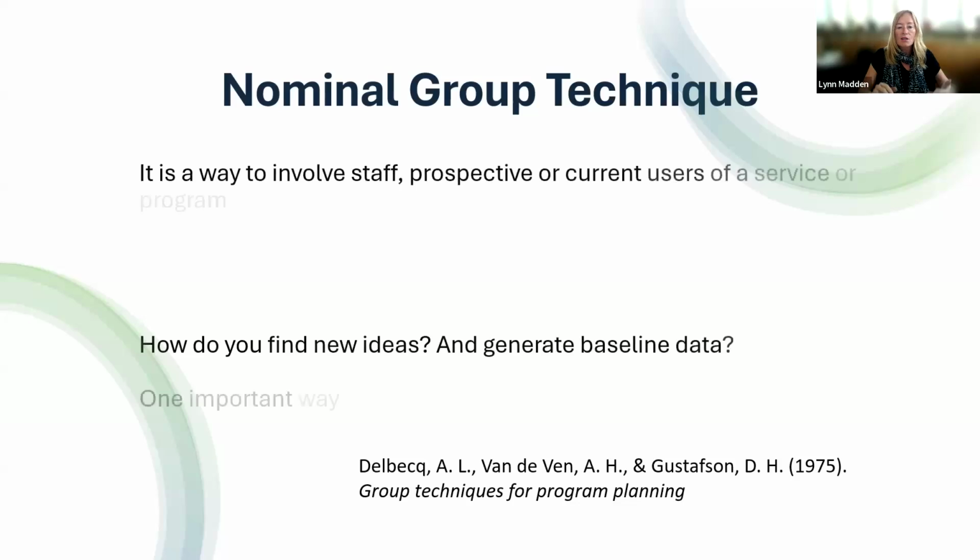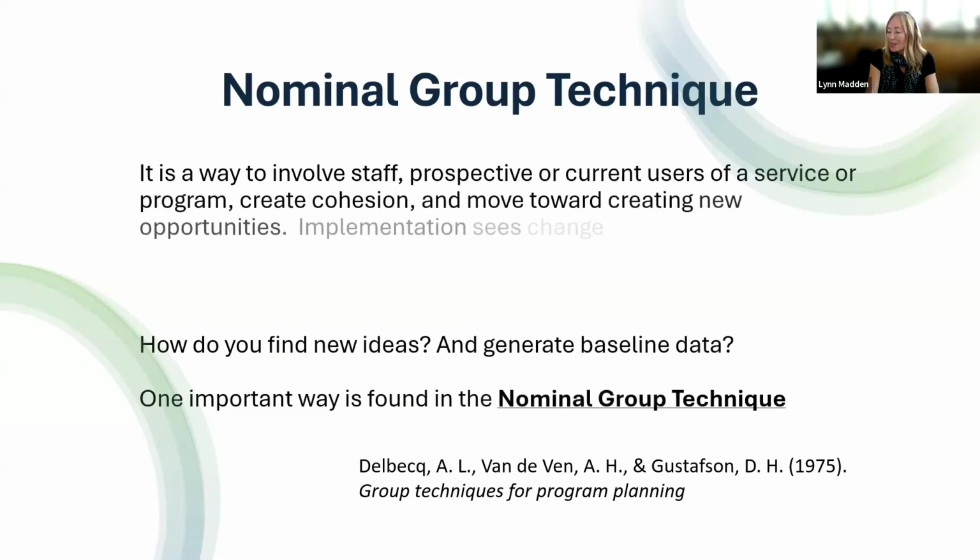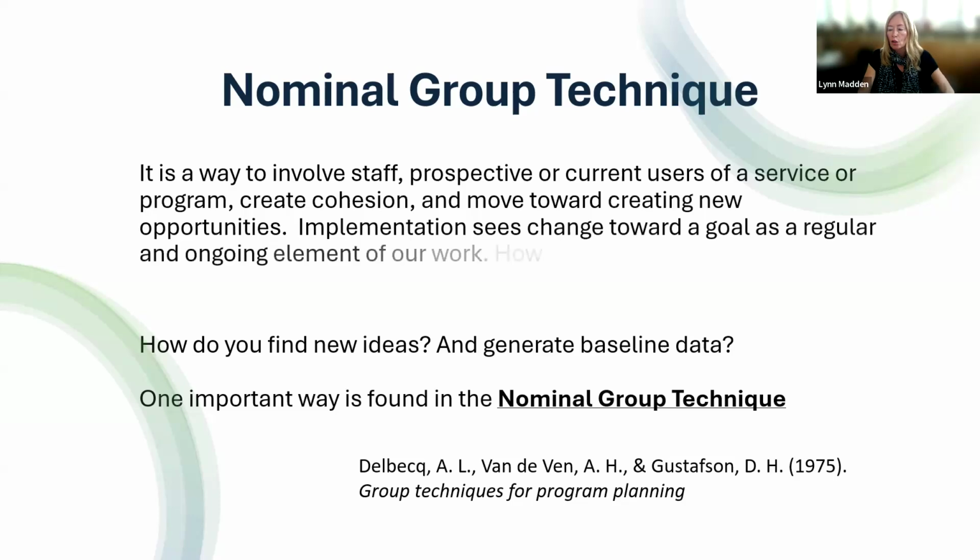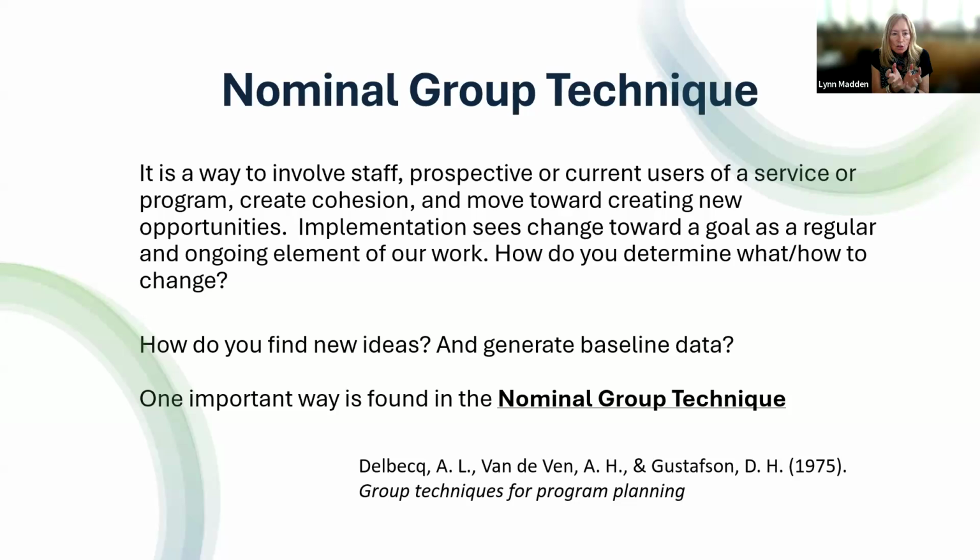And I find that it's a way to involve staff, prospective or current users of a service or program. It creates cohesion around the question, which we'll get to momentarily. It can help the group or a team really move toward creating new opportunities. And when you're involved in implementation or change management, we really see movement toward a goal as a regular and ongoing element of the work.